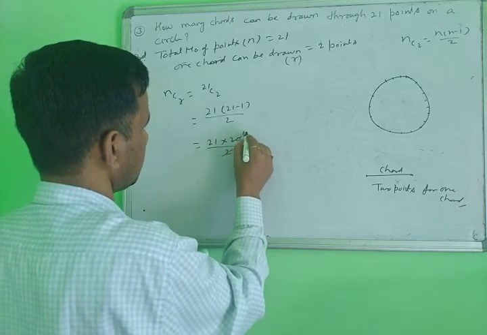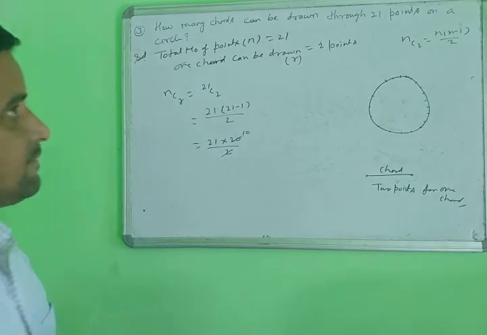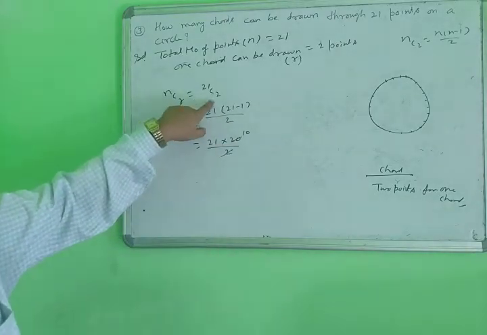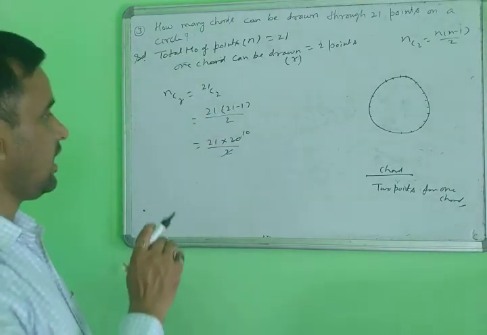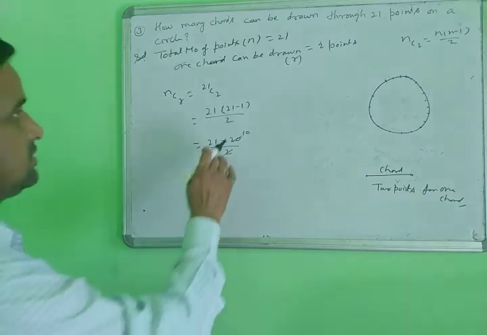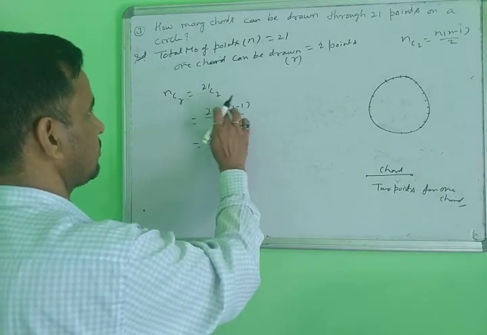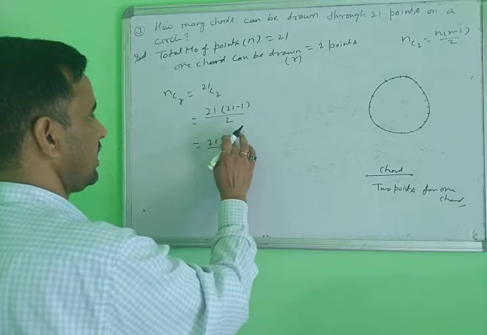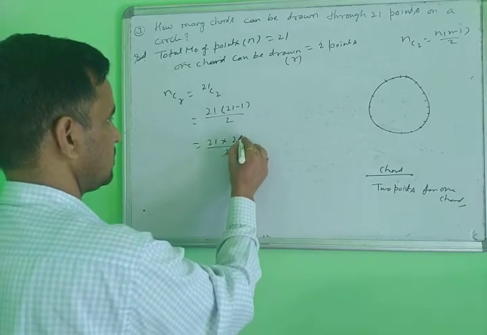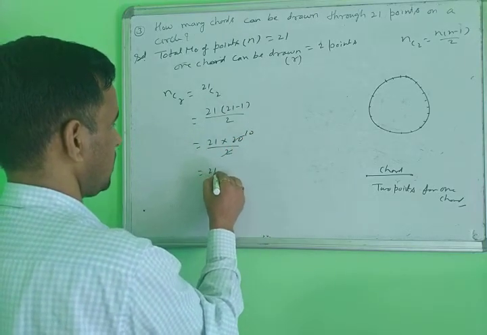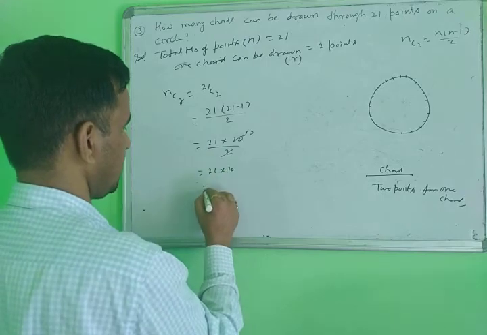So 2 times 10 is 20. This is nC2 and 21. So 21 and 20, this is again 10 times. 21 times 10, 210.